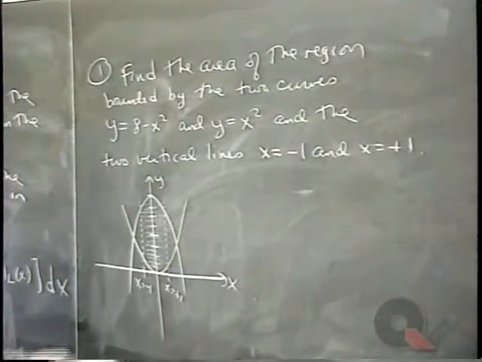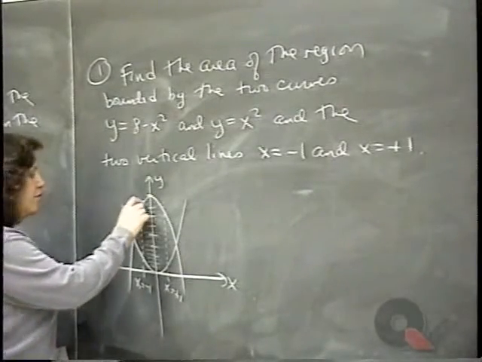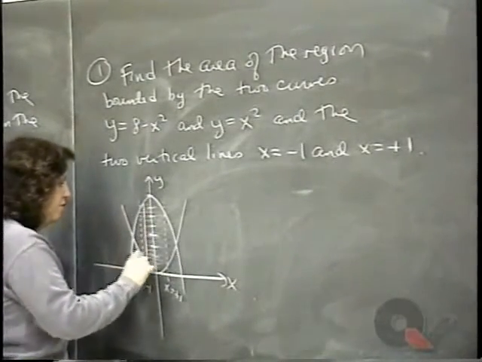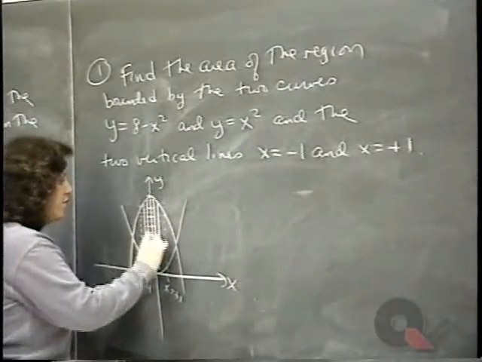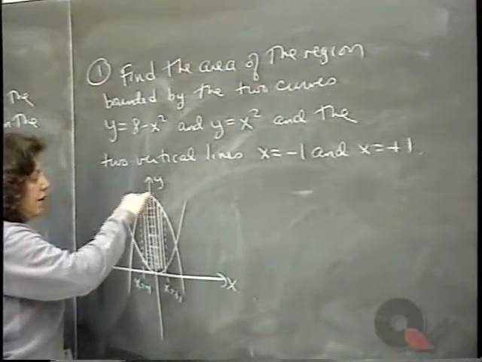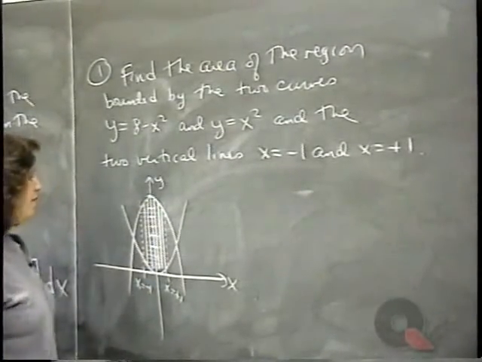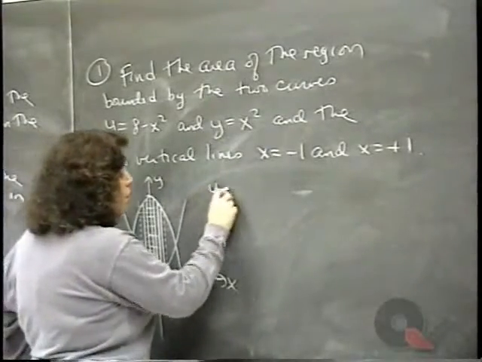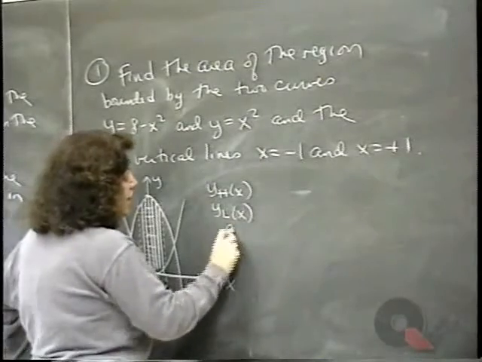We have certainly a high-low region. Now, in this case, every time I draw a vertical line in this region, it runs from one curve to the other and certainly gives me the feeling that this parabola is the high one and this is the low one.